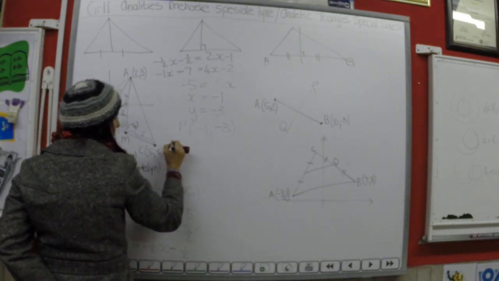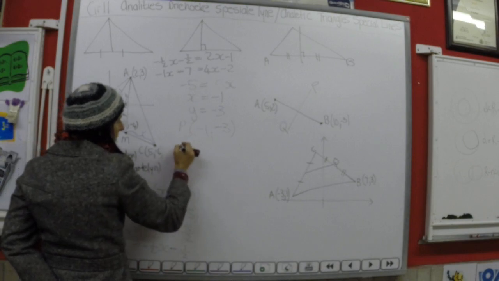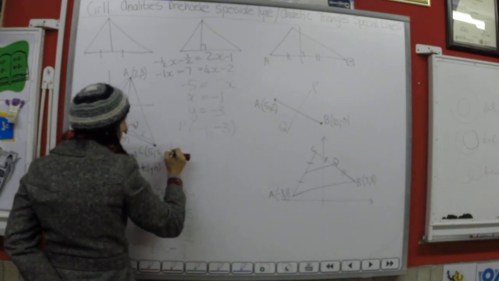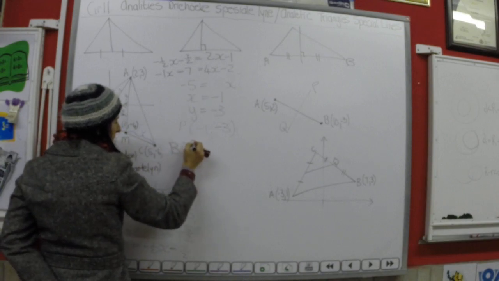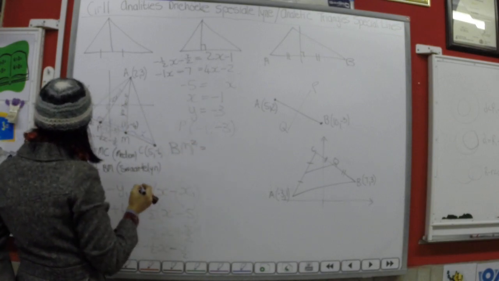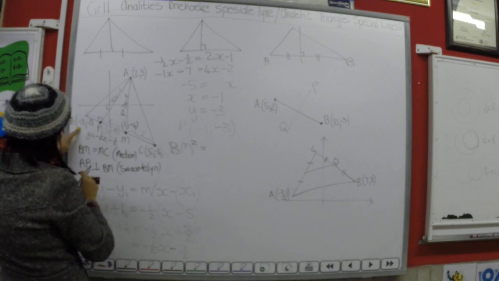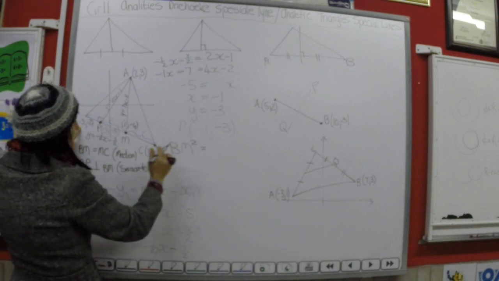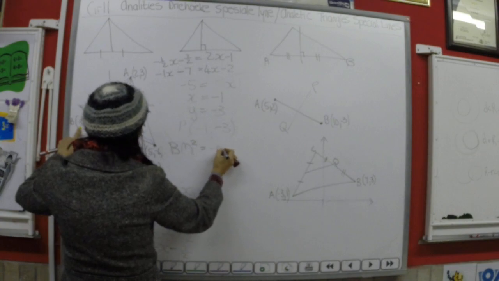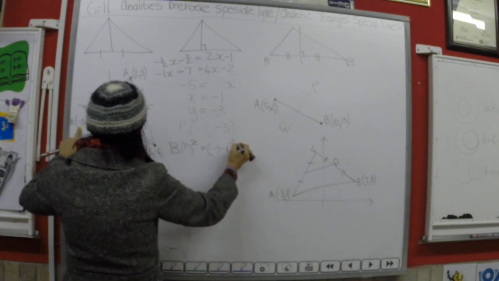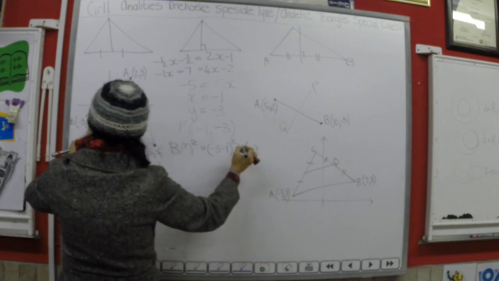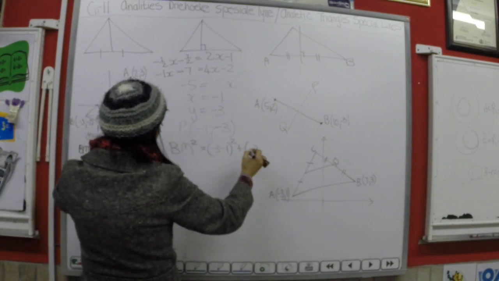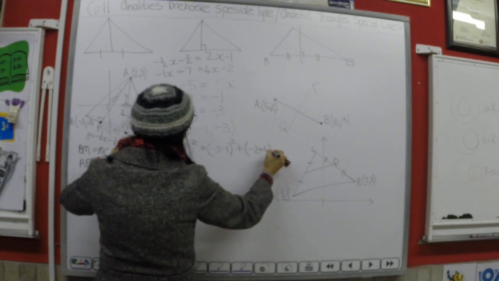Now let's determine the length of BM squared. So let's take the two x values minus 3 minus 1 squared plus minus 2 minus minus 4 squared.